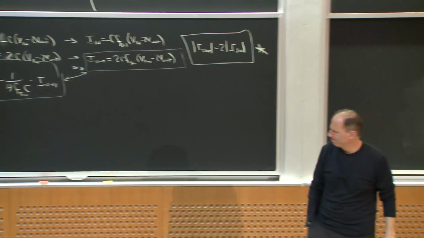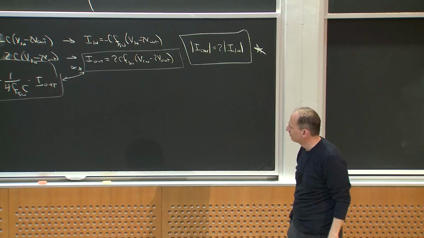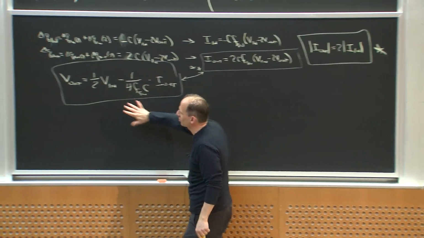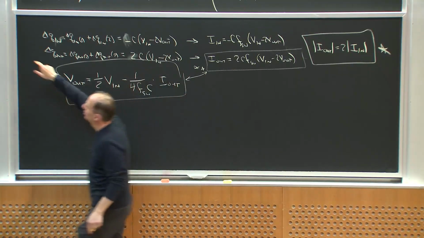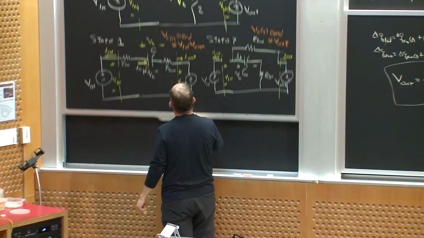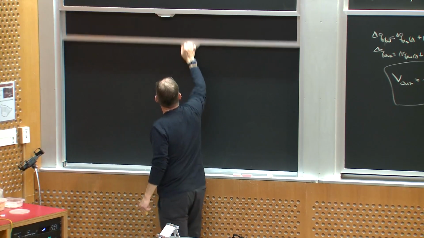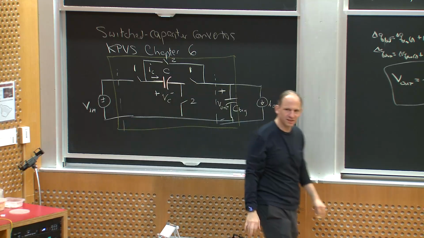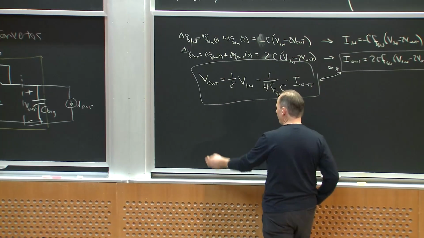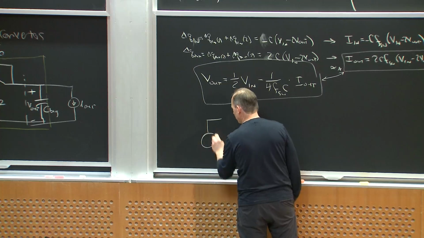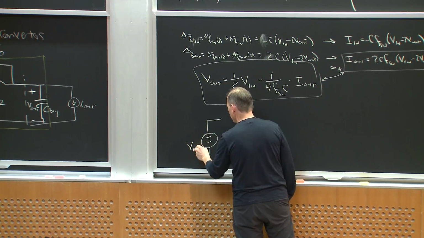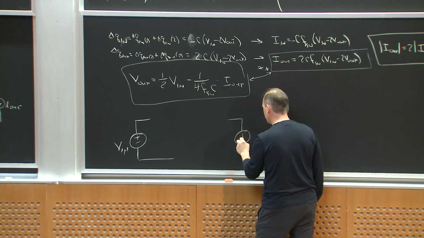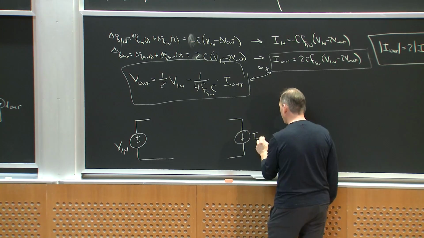So what does that mean in a practical matter? Let me create an equivalent circuit which does this same thing. If I wanted a periodic steady state model for what this converter does, I have some input voltage, and then a load current connected to it that I'll call I out.